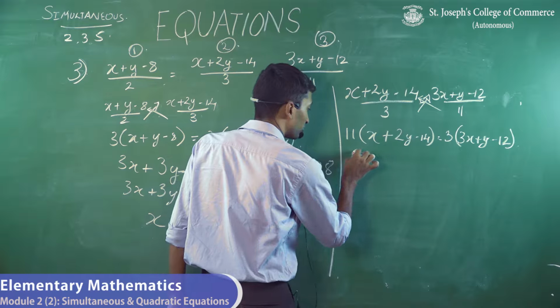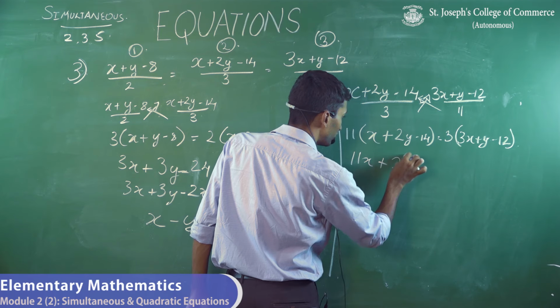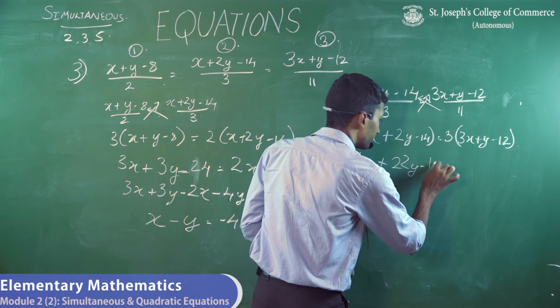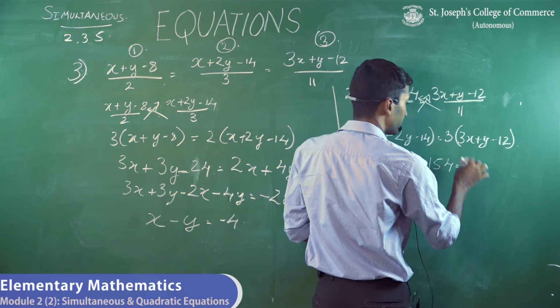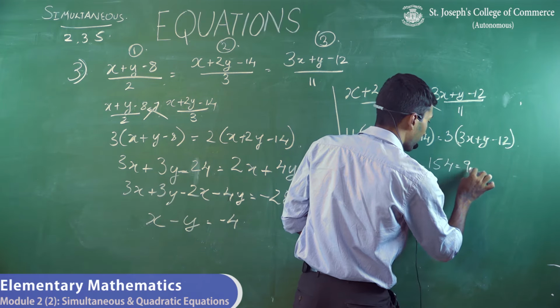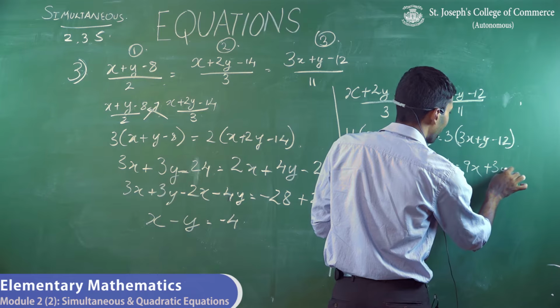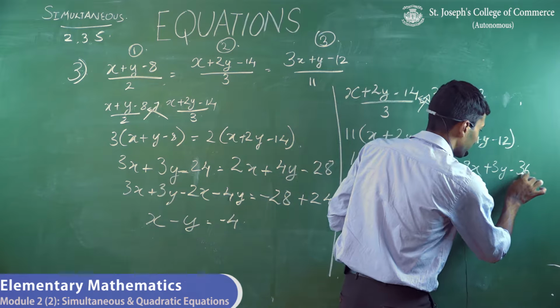So 11 into x would be 11x, plus 11 into 2 would be 22y, minus 11 into 14 will be 154, is equal to 3 into 3x will give me 9x, 3 into y will give me plus 3y, and 12 into 3 will give me 36, so minus 36.